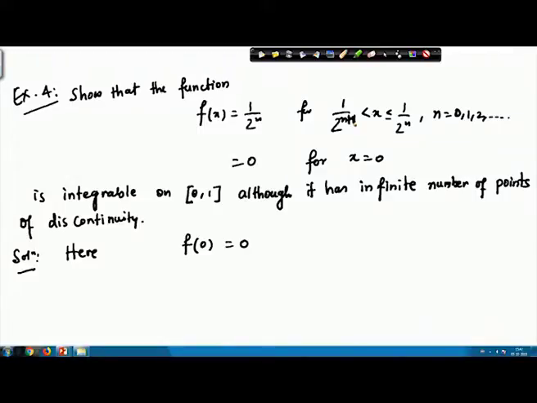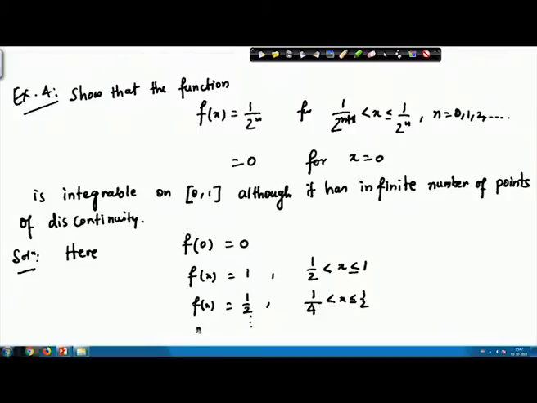When n is 0, then f(x) equals 1 for x between half and 1, then f(x) is 1 by 2 for x between 1 by 4 and half, and so on.